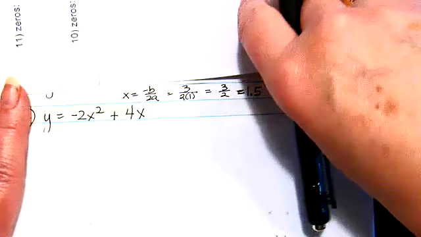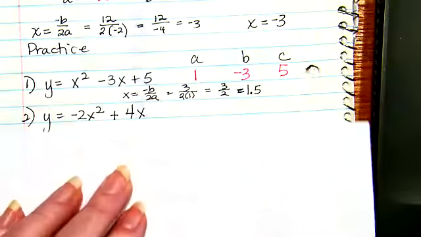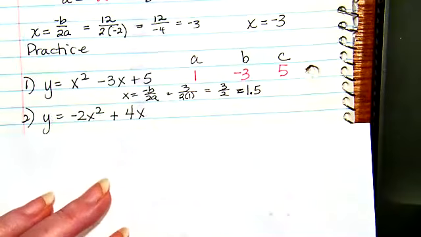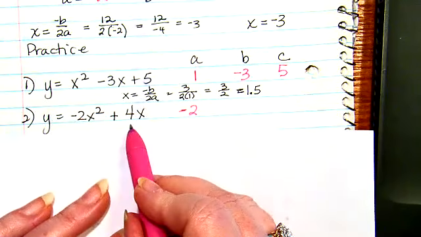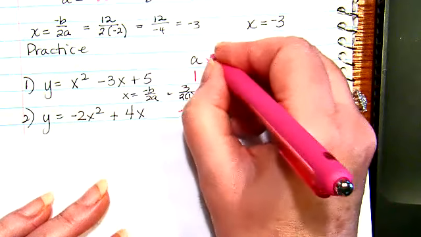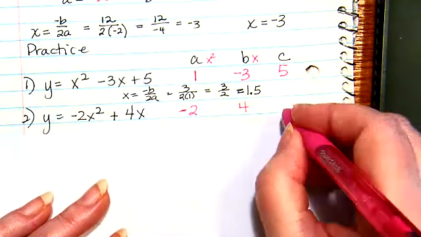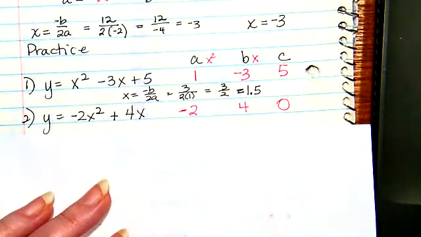Now, you only see 2 parts, so I want to make sure that you know what's what. A is for the x squared. B is for the x. So B is 4. And C is the constant. There is none, so that means C is 0.